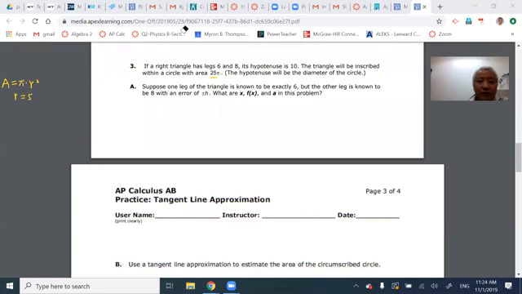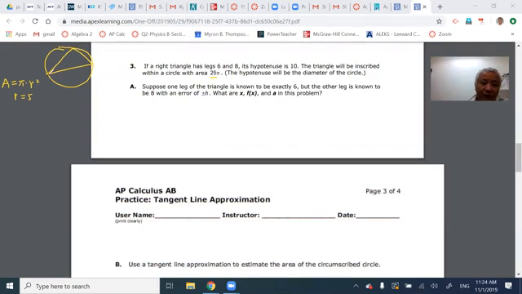So if that happens, we have a circle like this, right? And this is 10. And then the triangle is inscribed here. Be careful, because this is the diameter.